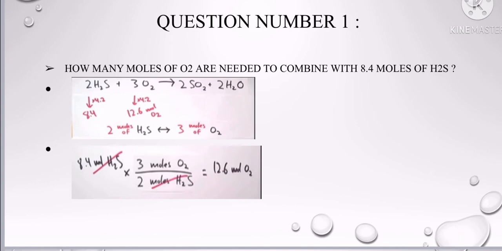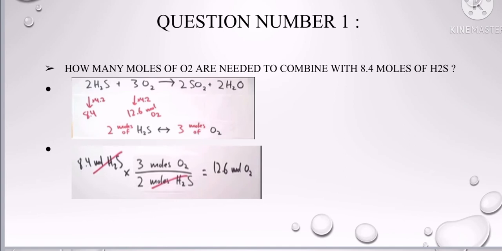The thing that we want is to get that 12.6, so we have to eliminate the moles in order to get a number. As I said before, there is a relationship between H2S and O2: between 2 moles of H2S and 3 moles of O2, as you can see in the reactants.